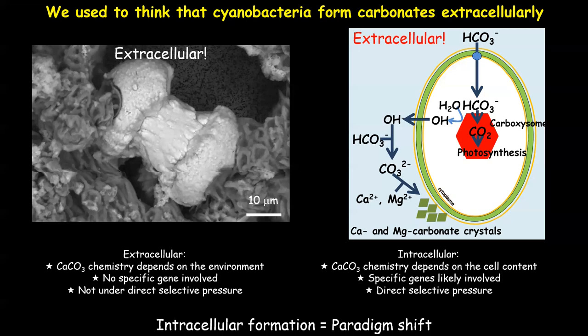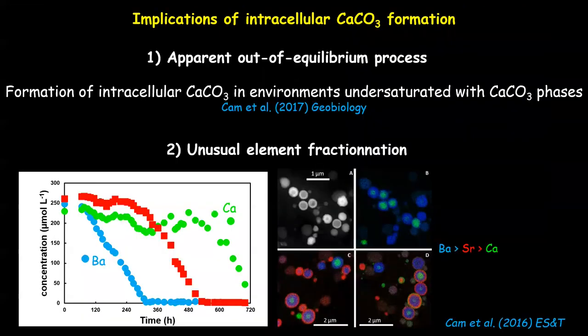This has to be regulated by the cells. So there are probably specific genes that are involved in the formation of intracellular carbonates. So again, the past view was, okay, they don't want to precipitate carbonates. The new view with the intracellular ones is that maybe they really intend to precipitate this carbonate and there might be a function. But I'll get back to this.